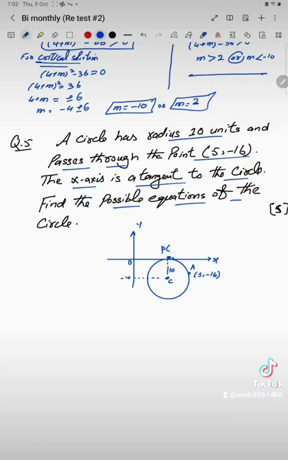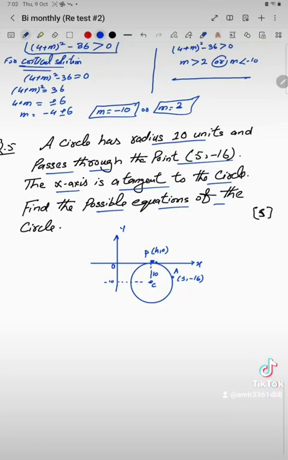Suppose this point is P. On the x-axis, y is 0. In place of a we can say this is (h, 0), right? Let me write it correctly, (h, 0).